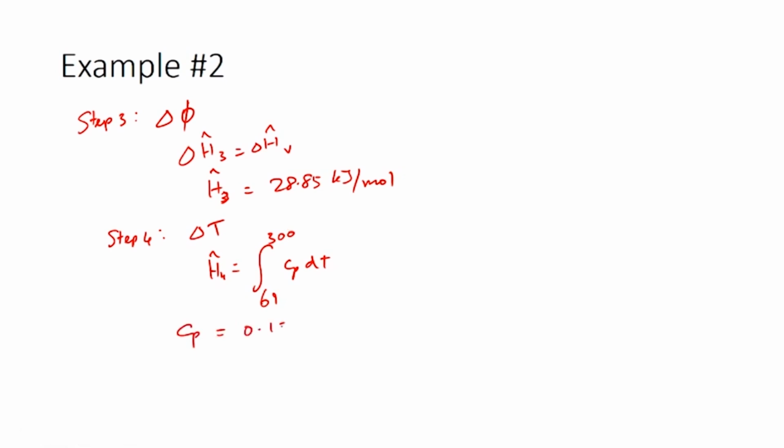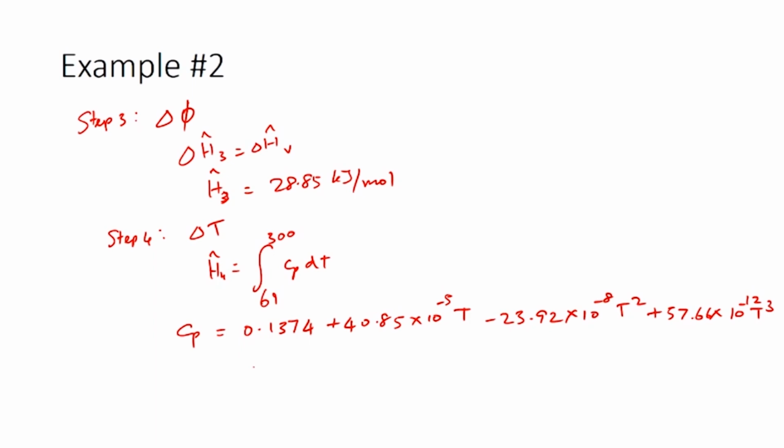So, this would be 0.1374 plus 40.85 times 10 power minus 5 T minus 23.92 times 10 power minus 8 T squared plus 57.66 times 10 power minus 12 T cube, in terms of kilojoules per mole degree Celsius. Integrating this equation with the limits of 69 and 300, you would get H4 cap as 47.1 kilojoules per mole.